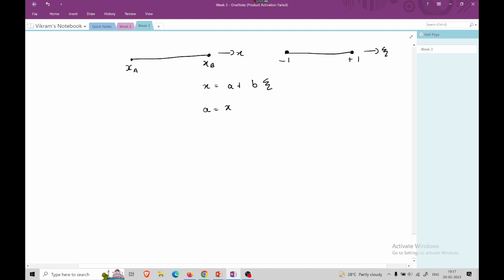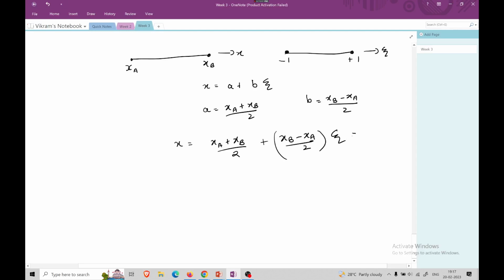A is equal to xa plus xb by 2. B is equal to xb minus xa by 2. This we saw from one of the previous questions. So I'll just substitute x is equal to xa plus xb by 2 plus xb minus xa by 2 into eta. So this is x as a function of eta.